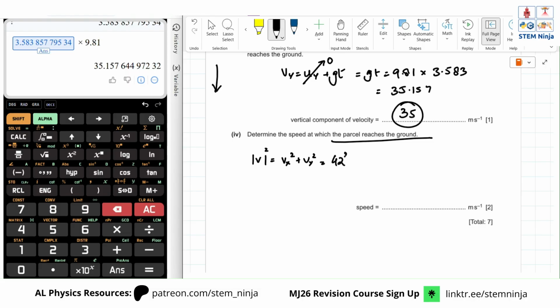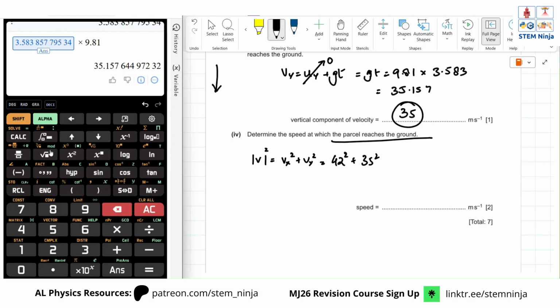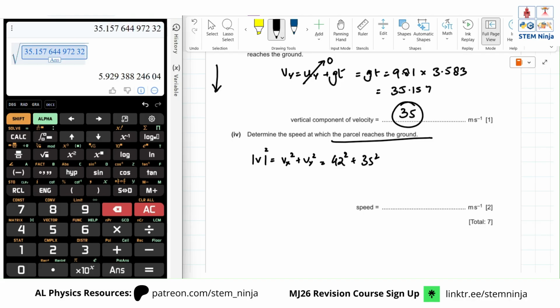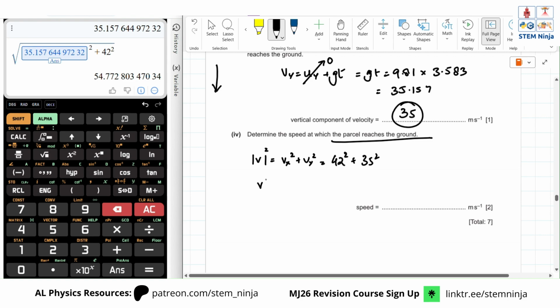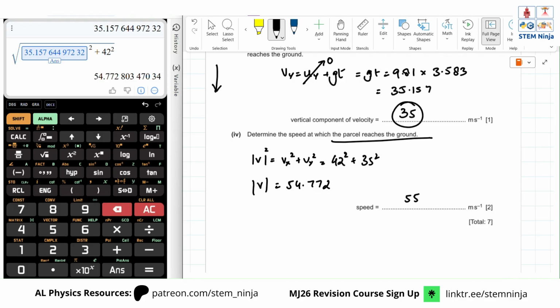So 42 squared plus 35 squared, then square root of the answer. This would be 54.772, which is roughly 55.